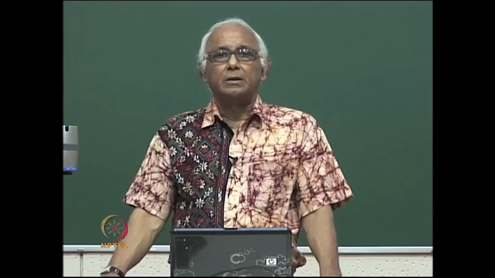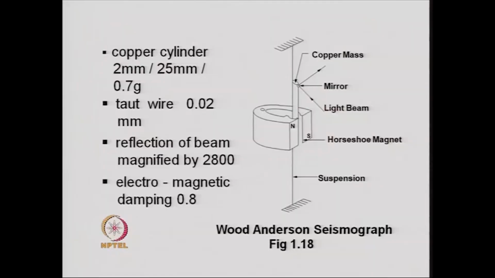Since we talked about the Wood-Anderson seismograph, let us have a look at the features of this Wood-Anderson seismograph. This consists of a string or a wire which is a tensioned wire.